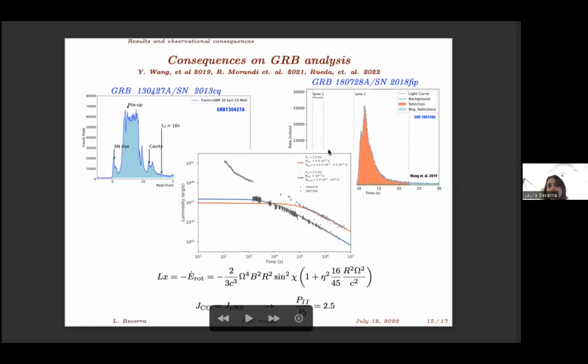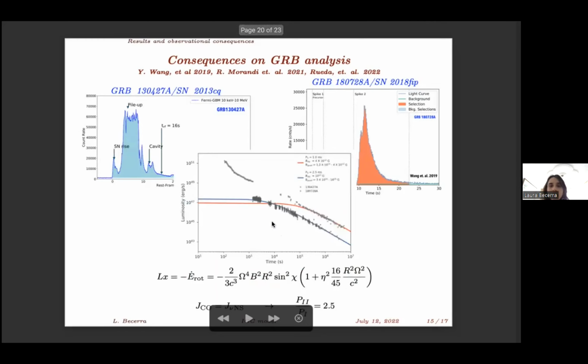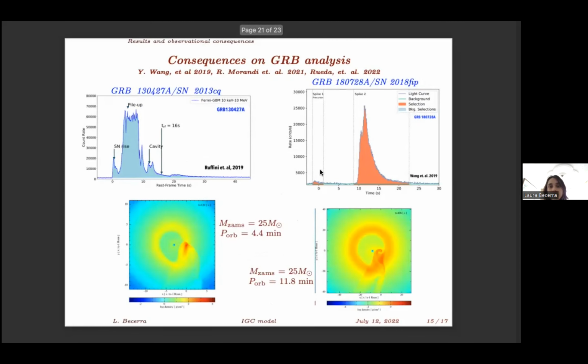With this initial period of the new neutron star, we can relate it to the orbital period of the binary system. We assume that the angular momentum is conserved and that the rotation of the neutron star is locked with the orbital period of the binary system.